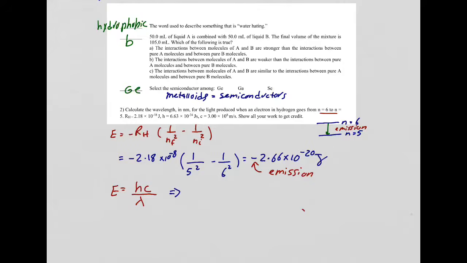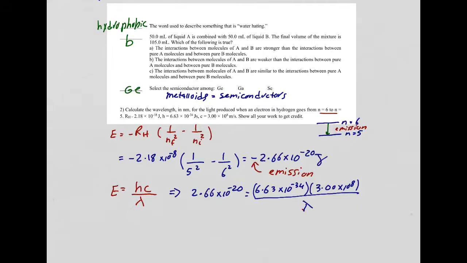Our energy, we know, is 2.66 times 10 to the minus 20. H is a constant, 6.63 times 10 to the minus 34. And c is also a constant, 3.00 times 10 to the 8th. Okay. And I don't know the wavelength.